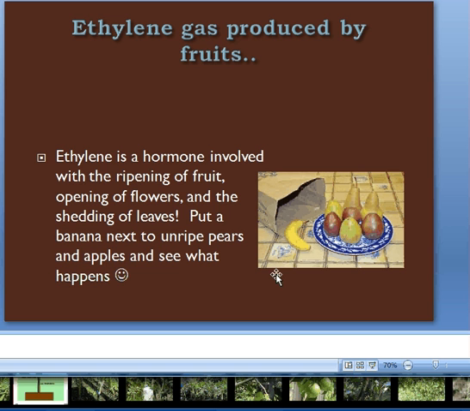And most likely you are going to see, yes, it certainly does. So that ethylene gas is produced by fruits, and it's involved, like I said, with all of this. But the interesting thing about it is that ethylene gas can also escape from a particular fruit and cause fruit around it to also ripen more quickly.